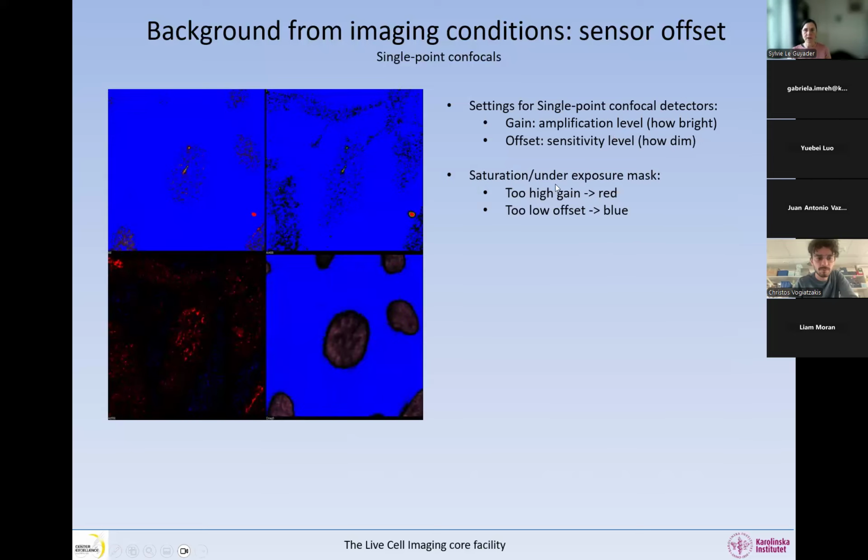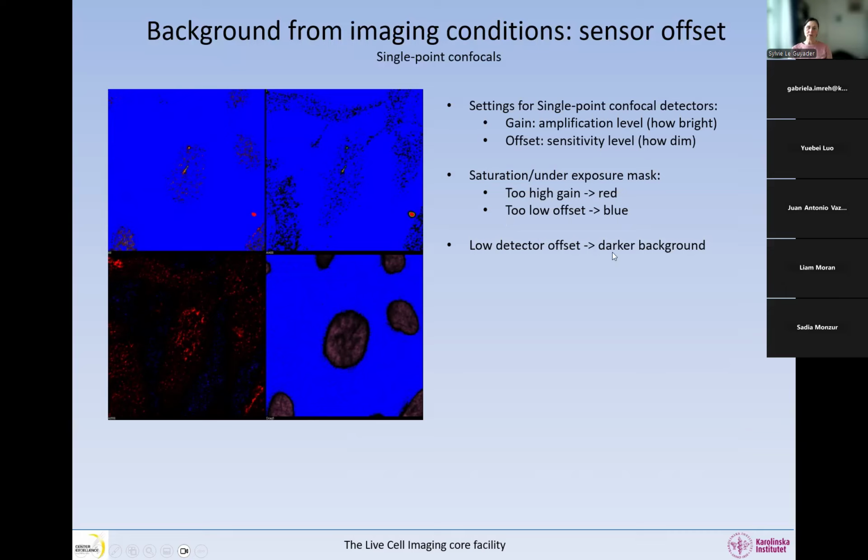We will talk about saturation and underexposure tomorrow, but in all microscopes, and also in Fiji, you can put the saturation and underexposure mask. Sometimes it's called high-low, where if you have too high a gain, you're going to see things color-coded in red, like here, so it's saturated. And if your offset is too low, you're going to get things color-coded in blue, like this, and that is no good. So we will talk about this later.